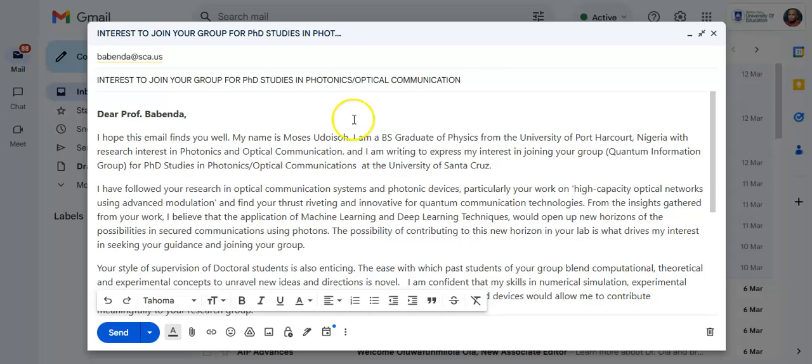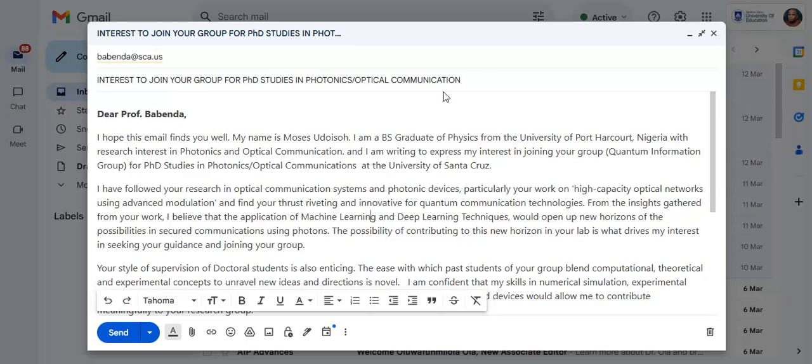What constitutes a great title, therefore? It's a mention of the kind of study you're looking for and your specific interest: interest to join your group for PhD studies. If it was master's studies, put it down there. In what? In photonics and optical communication. So you want to specifically mention your research interest.